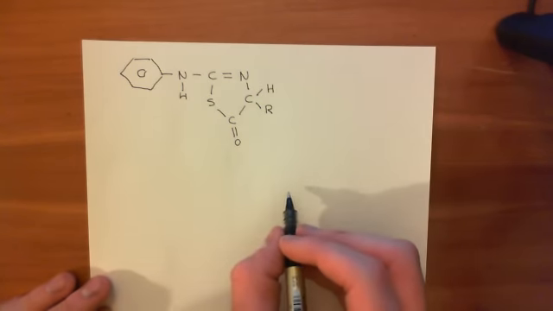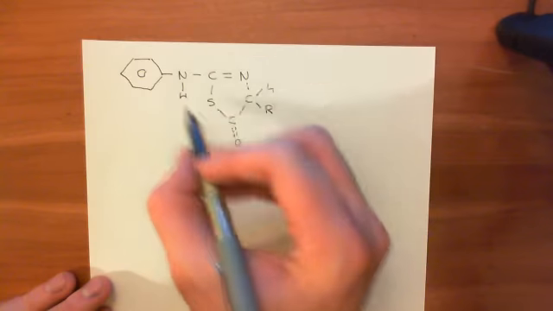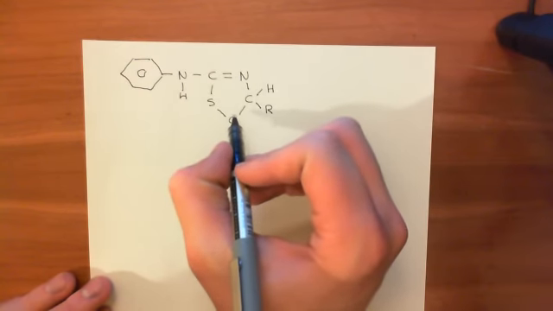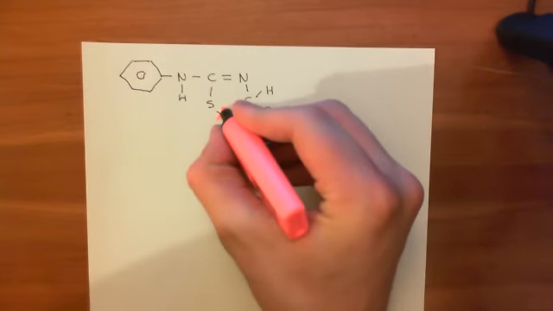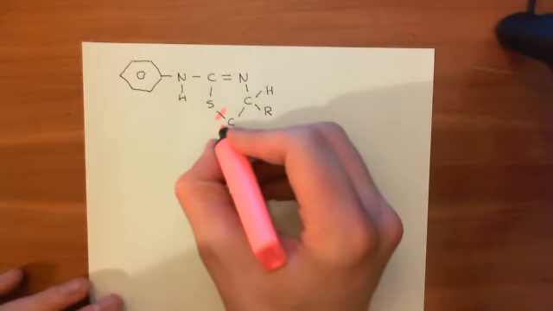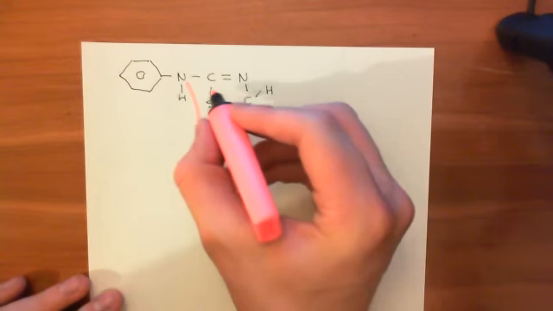Okay, so the reaction you're going to do is break this 5-membered ring apart and make a new 5-membered ring. So you're going to break this bond here, and make a new bond between this carbon here and this nitrogen here to make a new 5-membered ring.